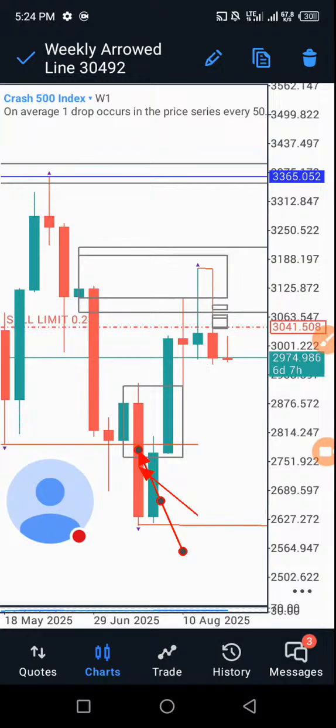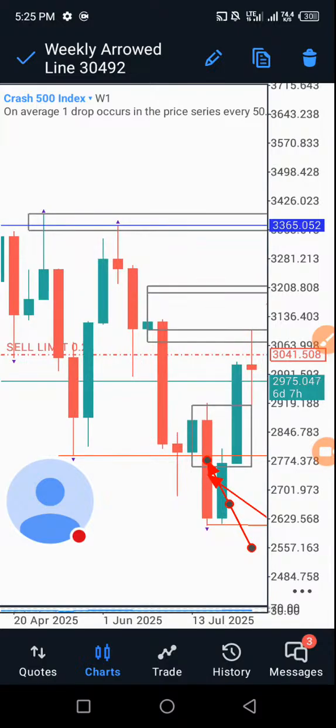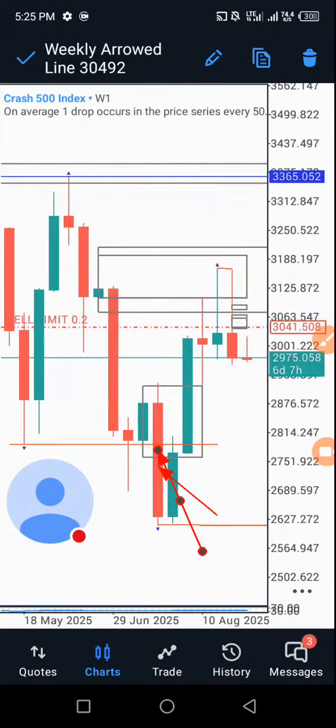Okay, so once we have that in view, this gives us the confidence that yes, the buy pressure is not to the upside, it's not to the upper direction, right? The buy pressure is not to the upside.